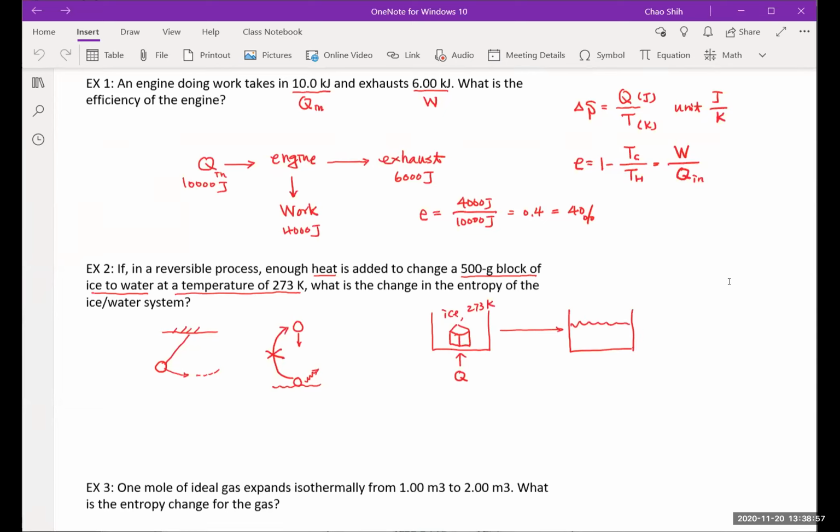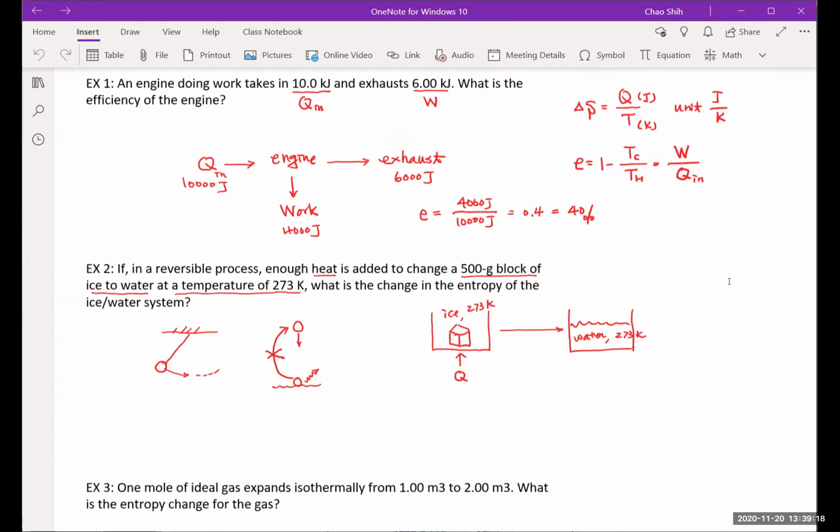So this is the water. And what is the temperature of the water? Same temperature, 273 Kelvin. All right. Now we want to find what is the change of entropy.